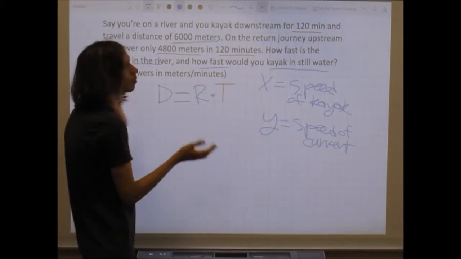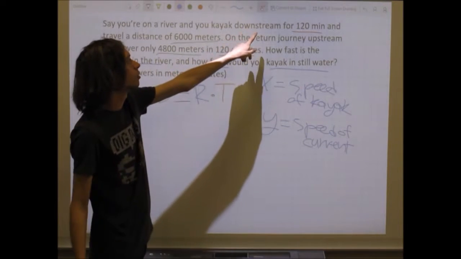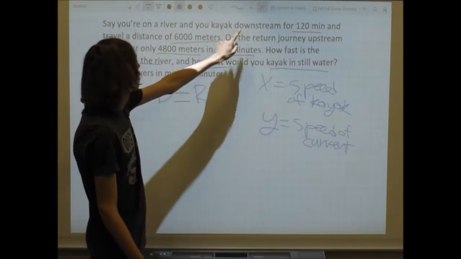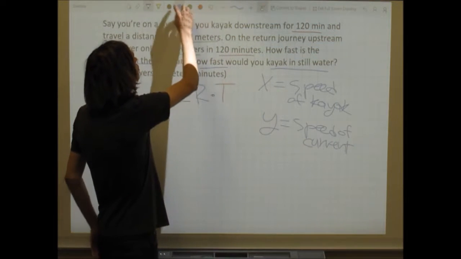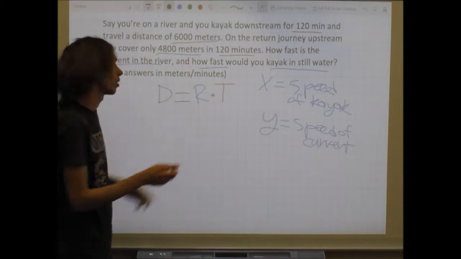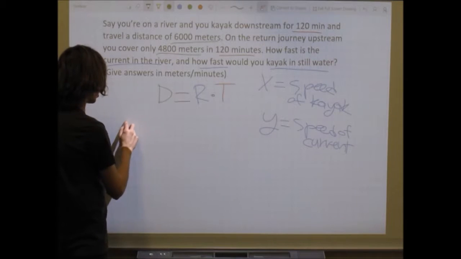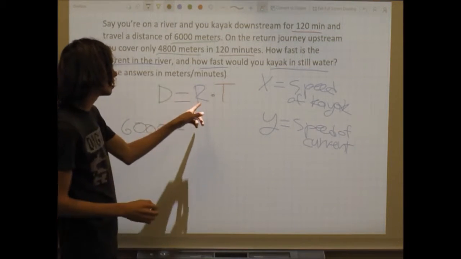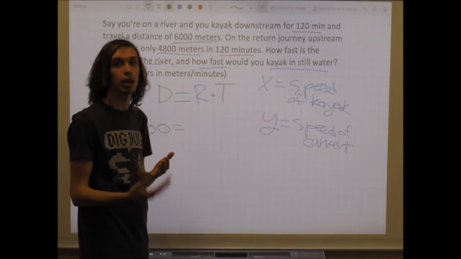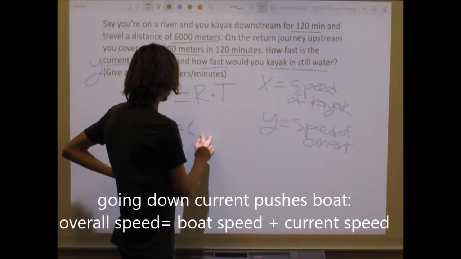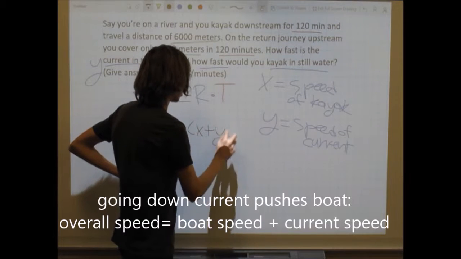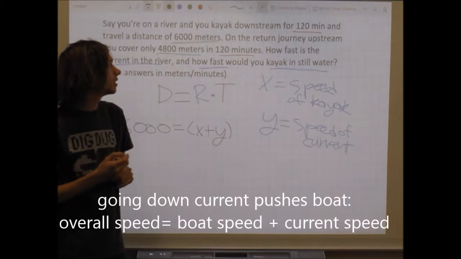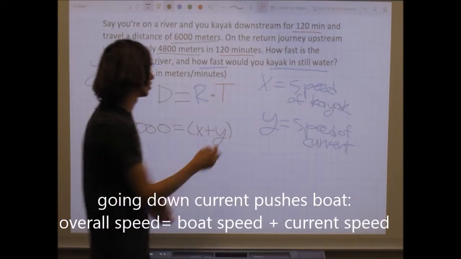So let's go ahead and make our equations, right? We'll start with the downstream example. When we're going downstream, we traveled 6,000 meters, so our distance was 6,000. And then our rate, remember downstream we said it's going to be x plus y. And the time is going to be 120 minutes, right?